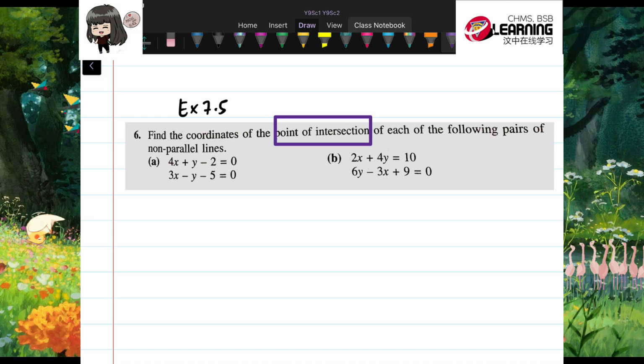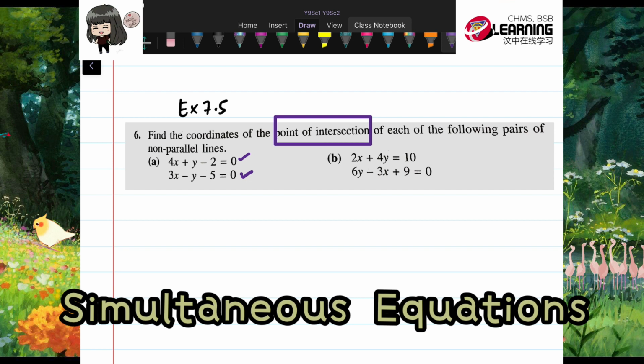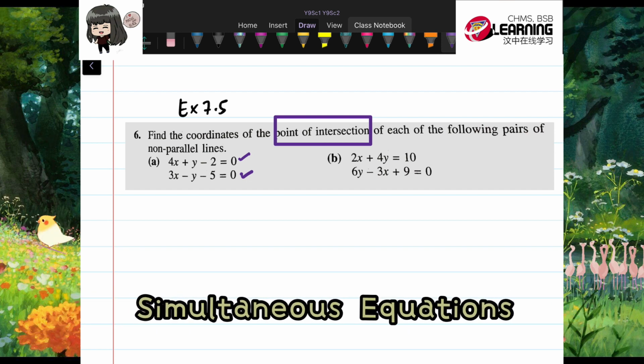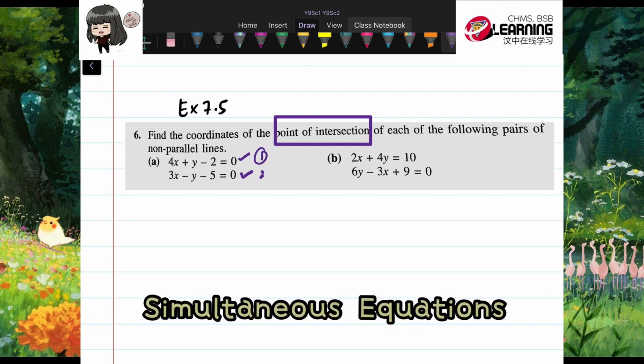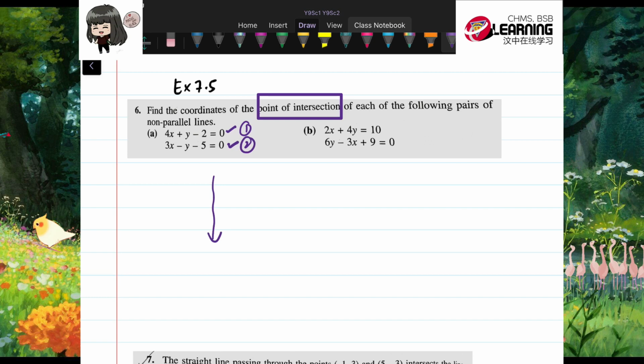The first equation and the second equation are not parallel, so when we solve simultaneous equations for these two lines, we will get the point where they both meet. You can use simultaneous equations, first equation and second equation, and solve to find the answer for 6a.